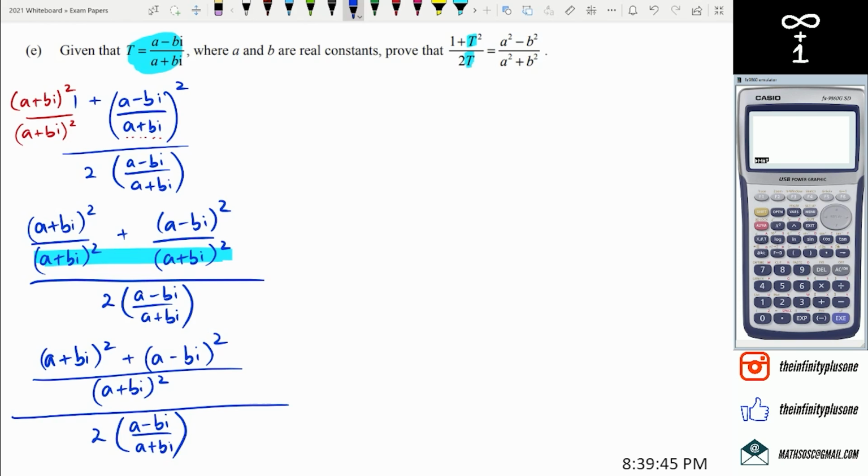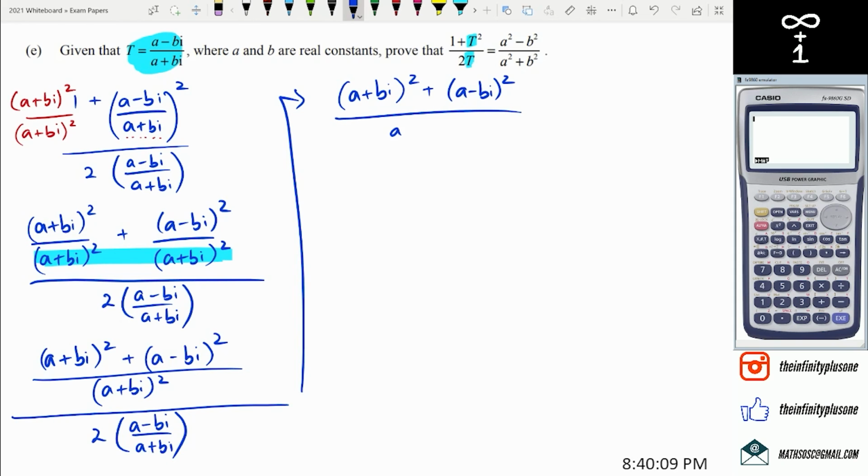So that's one thing. Now the next thing we can do is, remember this: when you're dividing by something, it is the same thing as multiplying by its reciprocal. So I'm going to continue this here so you guys can have a look. We've got (a plus bi) squared plus (a minus bi) squared divided by (a plus bi) squared, and that fraction, I'm going to rewrite it like this: 2 times (a minus bi) over (a plus bi).